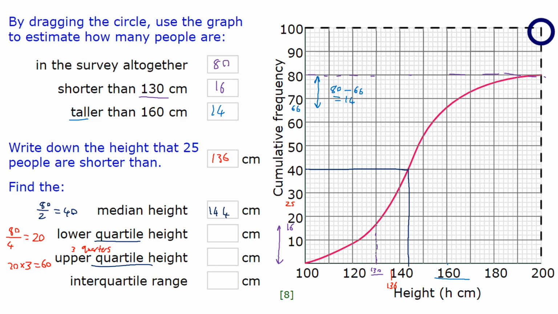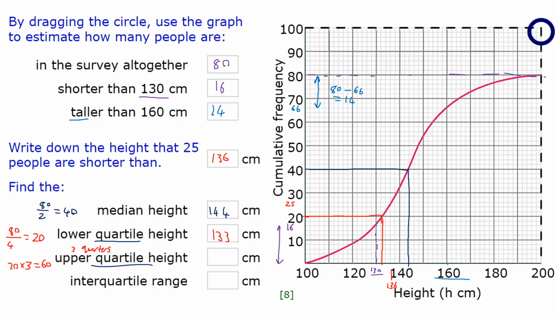Now let's work out the lower and the upper quartile. The lower quartile, you can see, is here, and it drops down at, I want to say, 130... I'm going to go with 133 centimeters. But I think for graphs like this, you would get a margin of error.